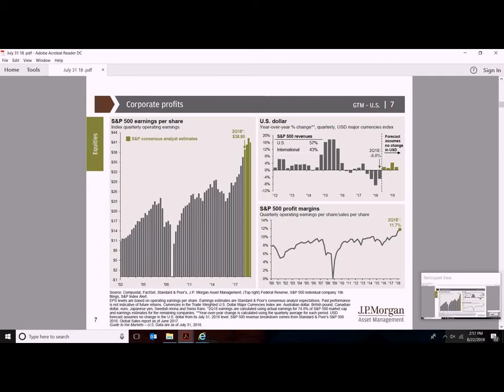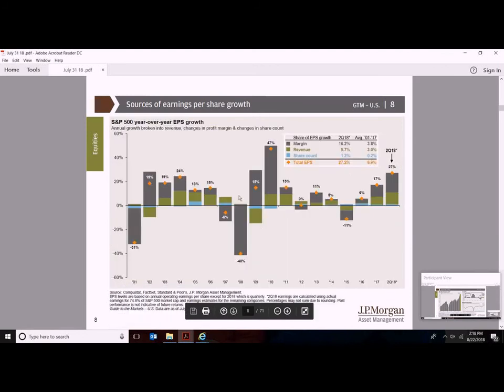So on the corporate side, things are looking good. Earnings per share are coming through. The analysts are looking at it in a positive light. Profit margins are at all-time highs for these S&P 500 companies. Things are looking pretty good.